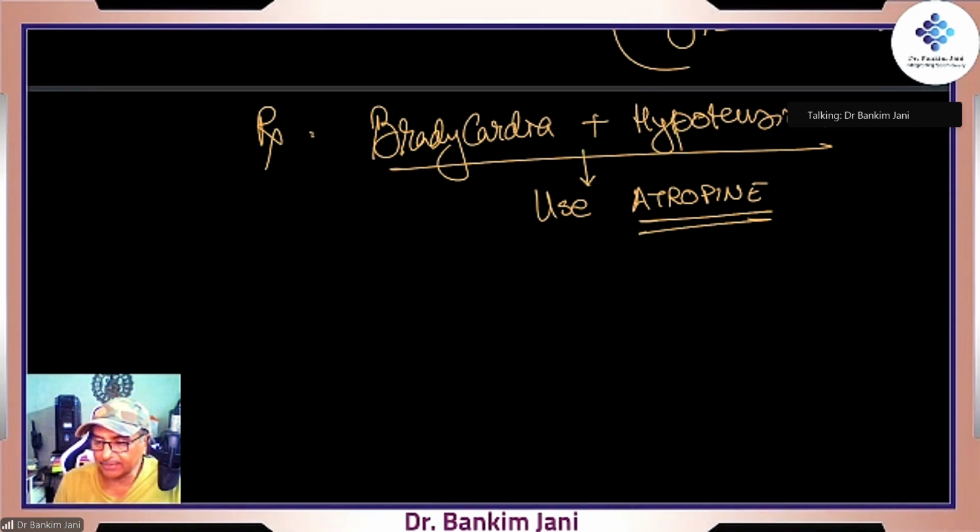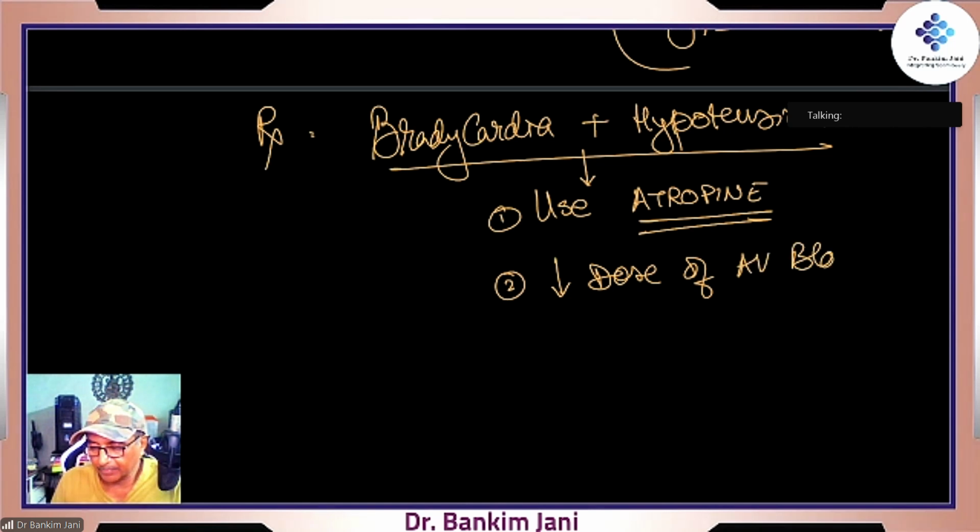And if the patient is taking, say, calcium channel blocker, in that case you need to decrease the dose. So this is the first step. Ask the history, whether the patient is taking any of the AV blockers like calcium channel blocker, beta blockers, etc. In that case, decrease the dose of AV blockers, that is calcium channel blocker and the beta blocker.